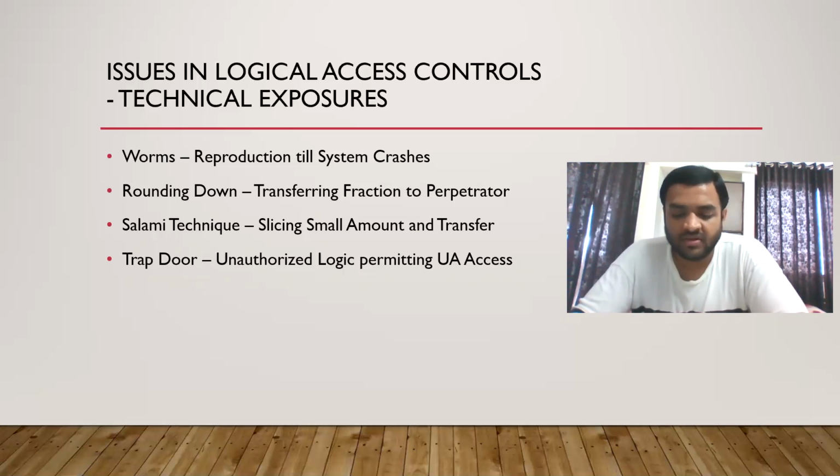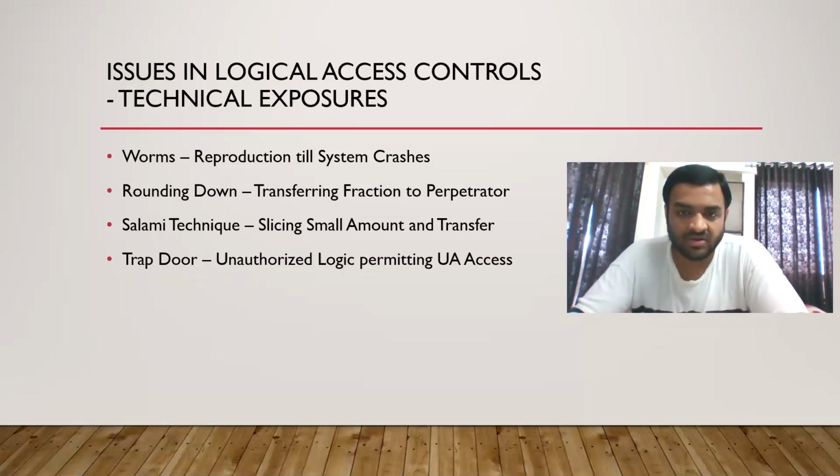Then we have trapdoor. Now what is trapdoor? There is a security guard standing at the gate of the organization. He will not allow anyone without proper identification. Every person will be given access only if he has proper identification. Now instead of giving proper identification, what the hacker will do is he will ask some different question to the manager to psych him out.